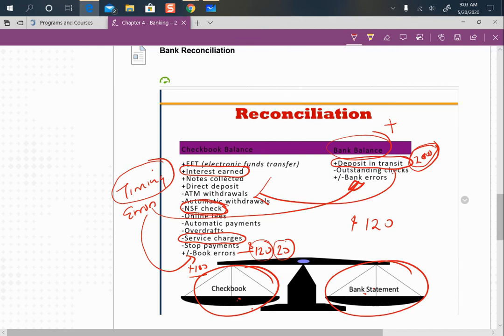But I just want you to think about it intuitively. What we are doing here is trying to balance these two sides by identifying the reasons why these two balances do not match and fixing those issues accordingly.